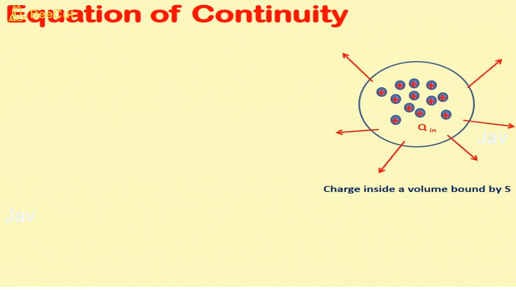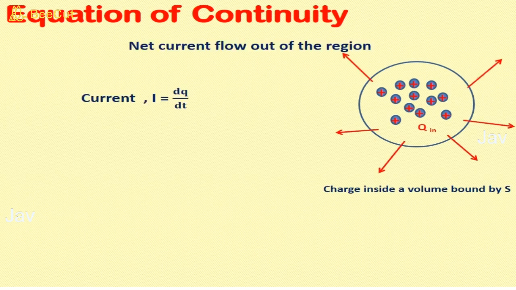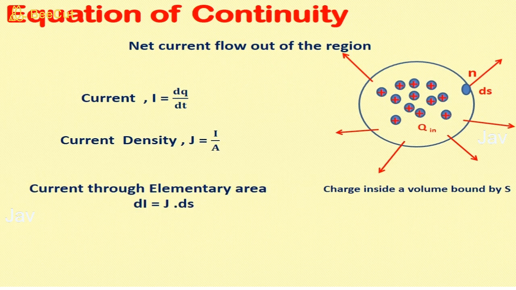We know current I equal to dq by dt, and the corresponding current density J is equal to I by A. Take a small area ds on the surface. The current through this elementary area is given by di is equal to J dot ds.